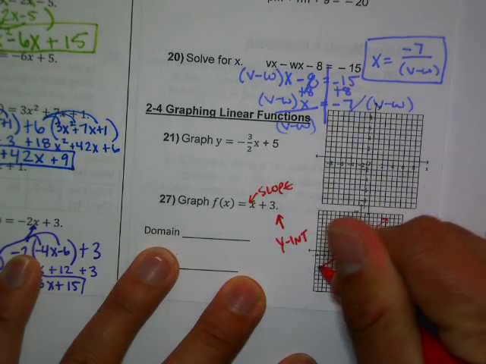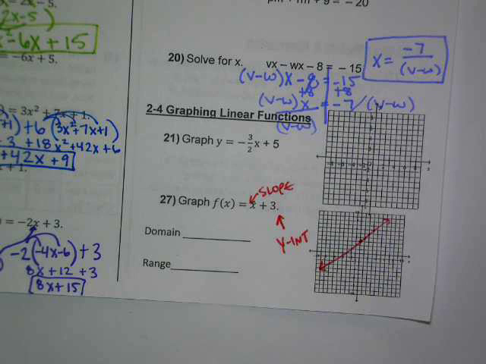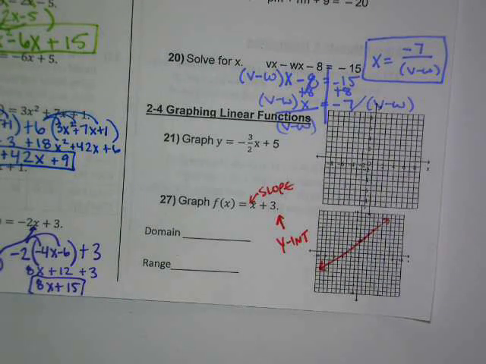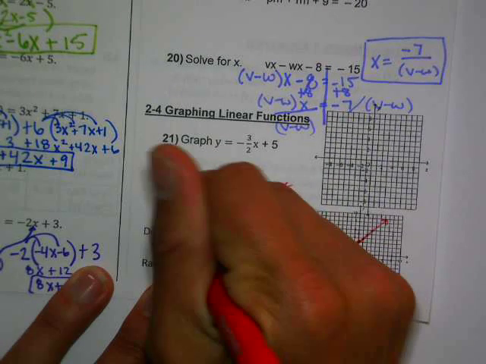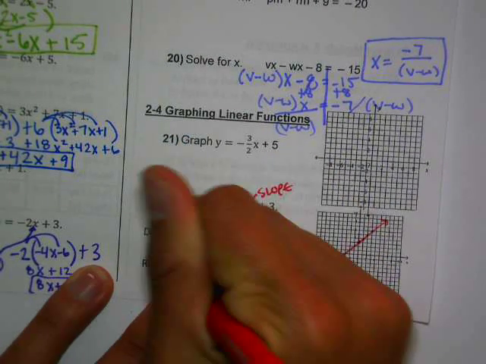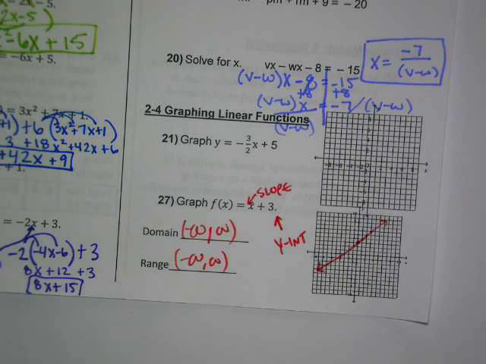So you get a line like that. The graphs on your test will be much larger. Domain and range. What's the domain and range for all linear functions? Negative infinity to infinity. Yes, negative infinity to infinity. All right, flip it over on the back.